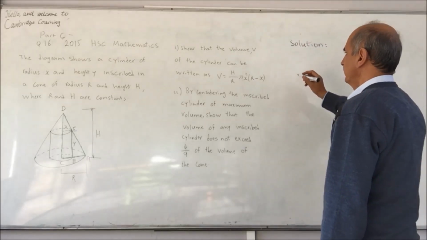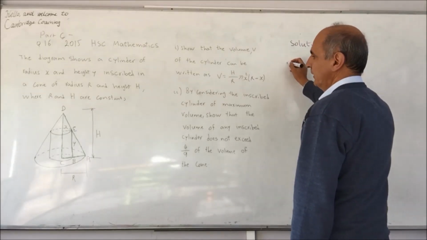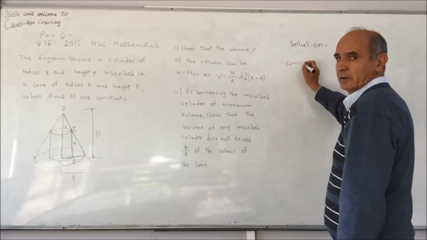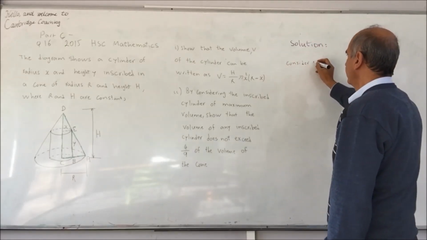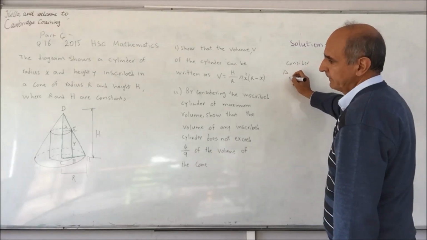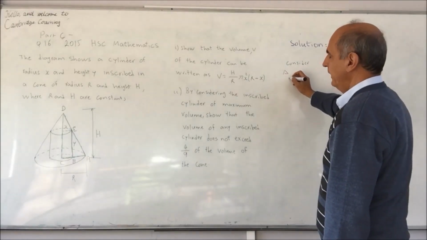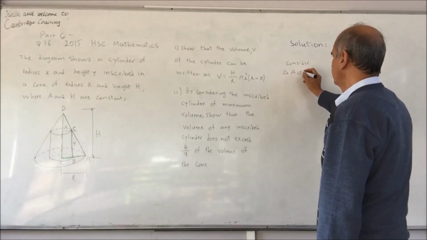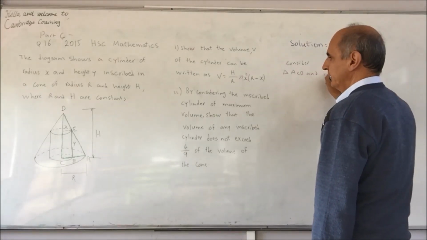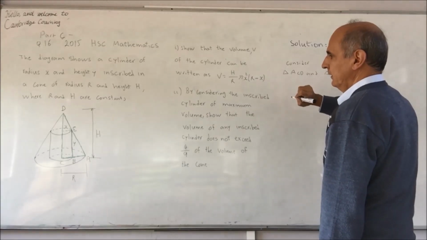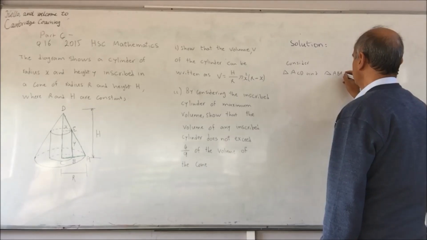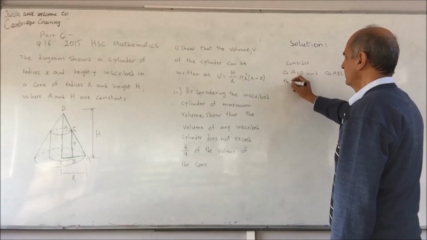So we say that, consider triangles CDA or ACD, which is the same thing, and triangle ABE. They are similar.